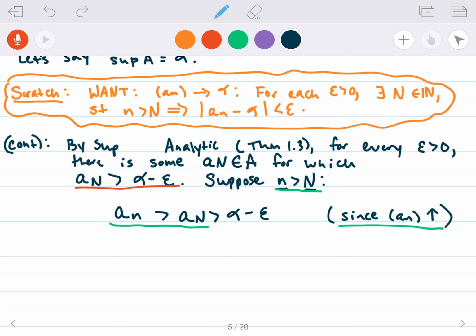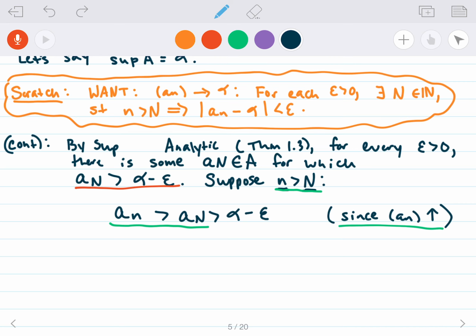So what do we have? We want to bound a sub little n by things with alpha and epsilon, right? Because we can use our inequality properties to get something that looks like this at the end if we work from that start.